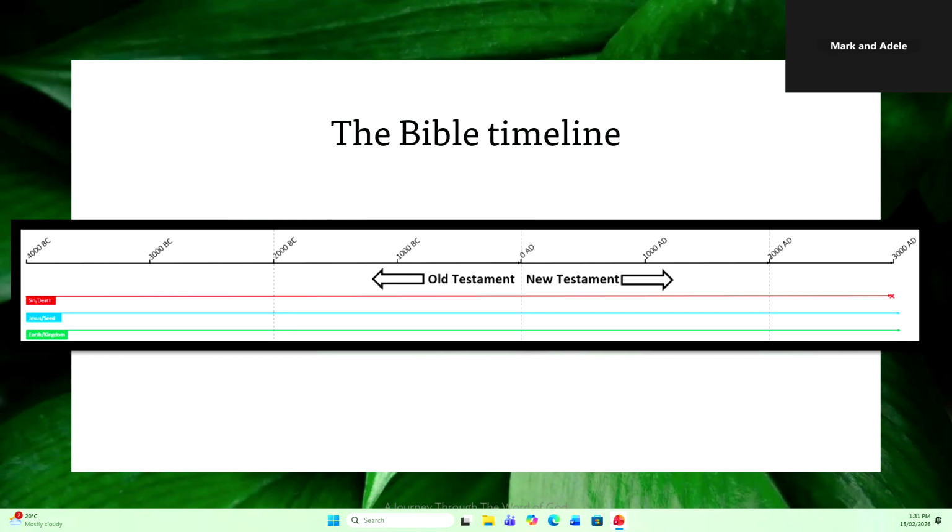Now, this is really good, this table, because as Mike last week was talking about creation, he also jumped forward in time into the New Testament, because you need to have both. You need both New and Old Testaments to get the full picture of what God's plan and purpose is with the earth.